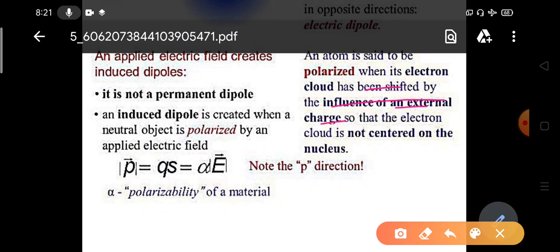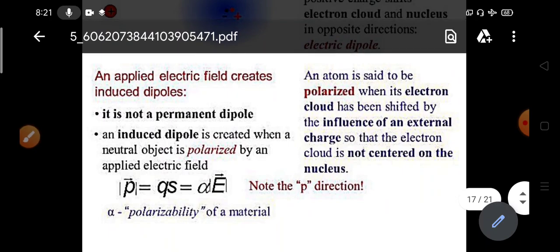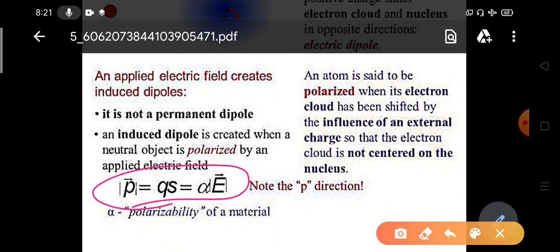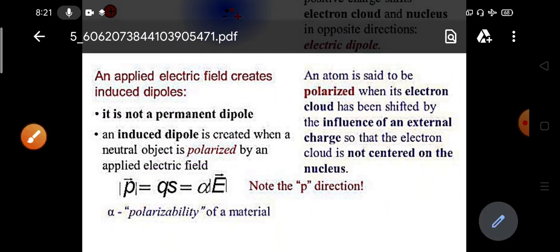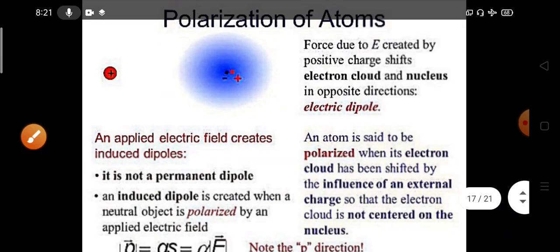The electron cloud is not centered on the nucleus. So we get the polarization of atoms, and this is directly proportional to the electric field vector E. So here option B is the correct option.